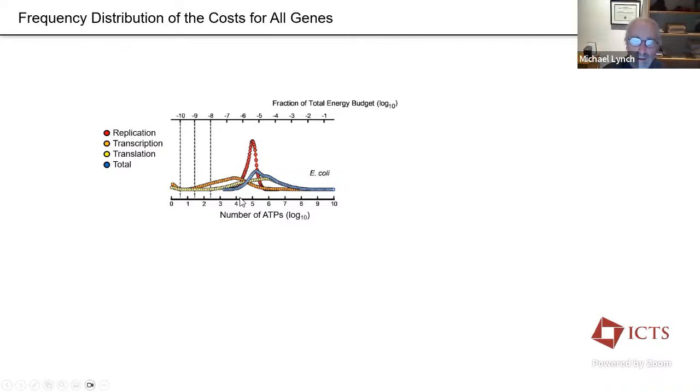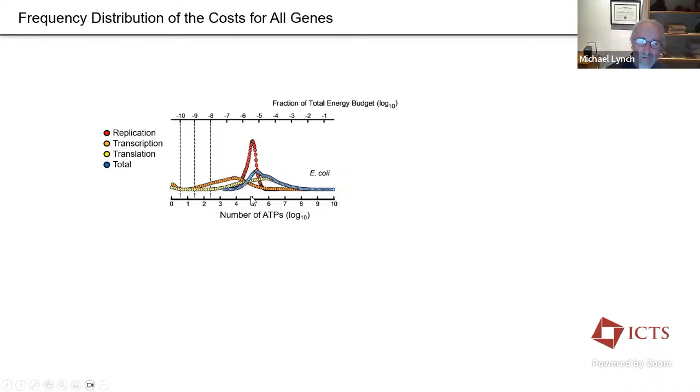So not surprisingly, one of the bugs that we have all the data needed to make these calculations is E. coli. What I've done in this plot, these are histograms, really. These are the frequency distributions of the cost of the some 4,000 genes in E. coli at the replication level, that's the chromosome level.